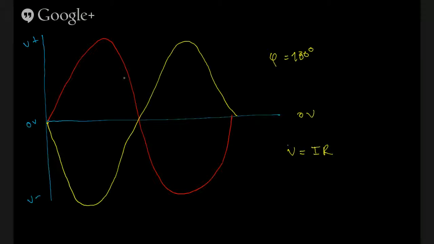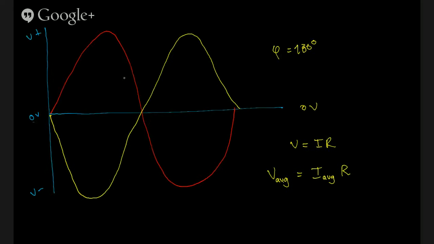Ohm's law remains true where we talk about the averages for everything, so the average for current, and resistance will generally be constant.